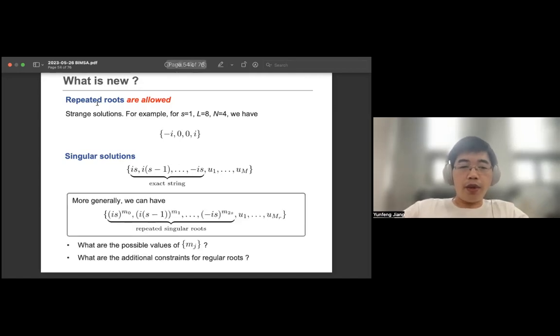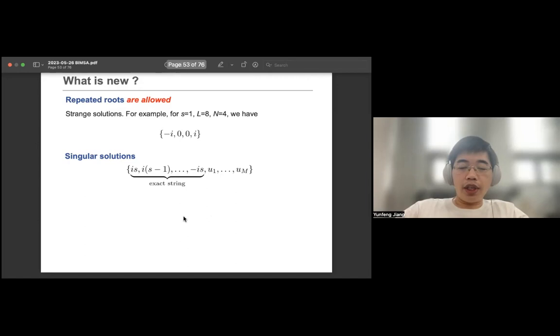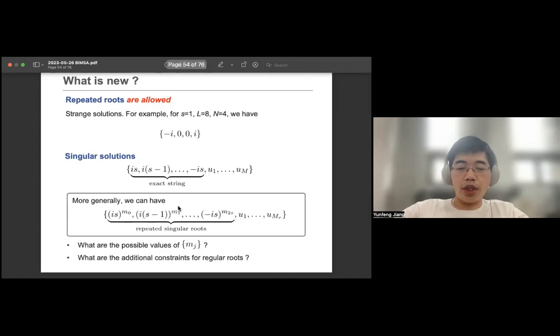But since repeated roots are allowed, you can have a more complicated situation, right? You can actually have, say, iS repeated m_0 times, i(S-1) repeated m_1 times, and then all this can be repeated many times, and also the regular roots can be repeated many times. So then our situation becomes much more difficult.